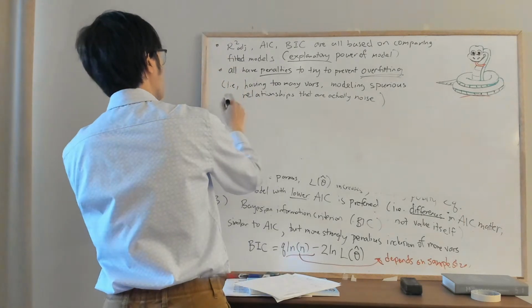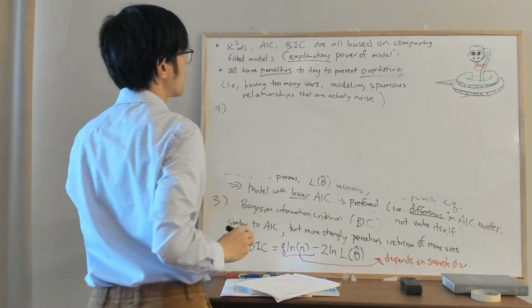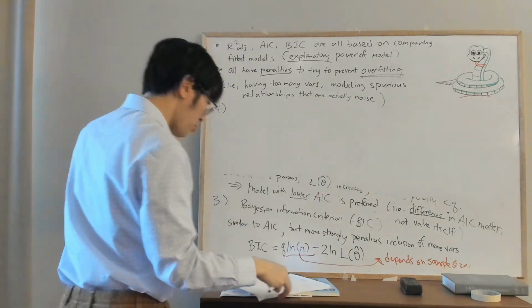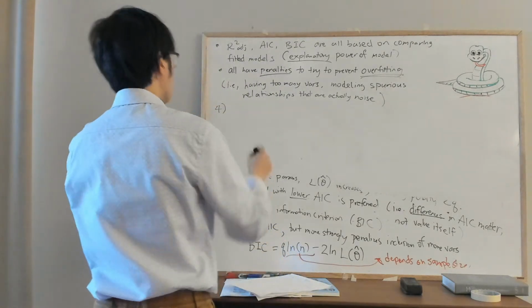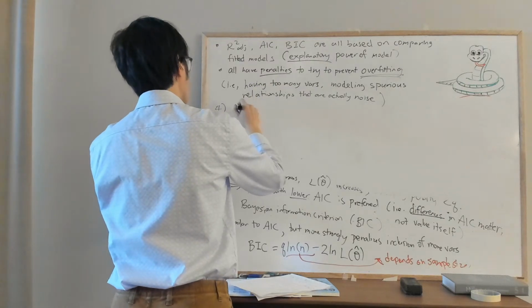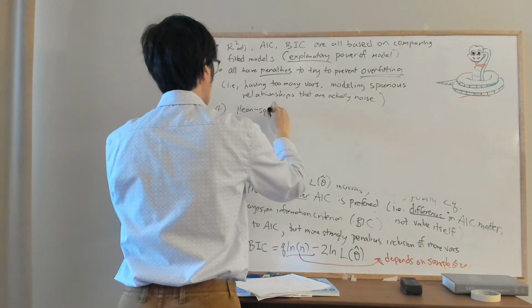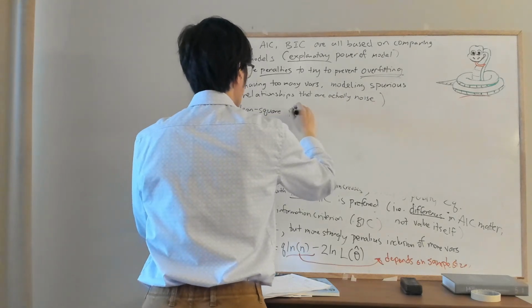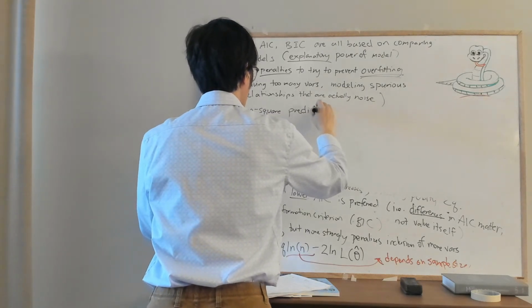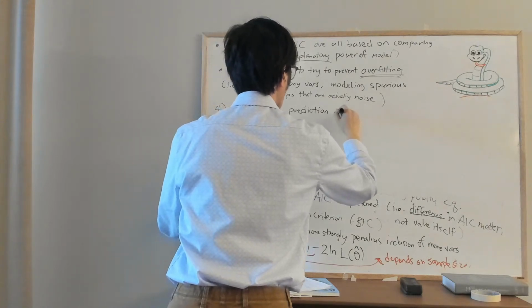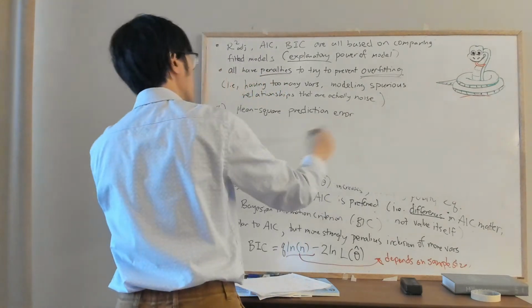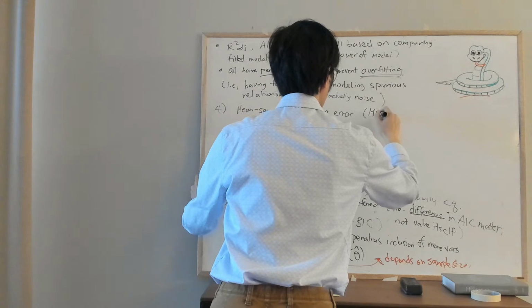So, back to model selection criteria, we could do something like the mean square prediction error. You can abbreviate that as MSPE.